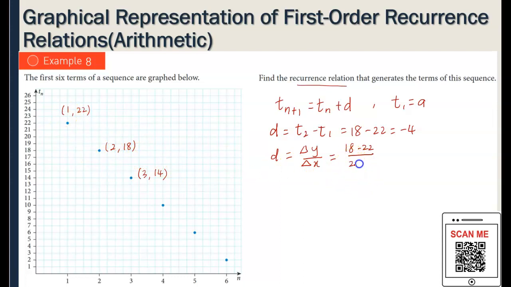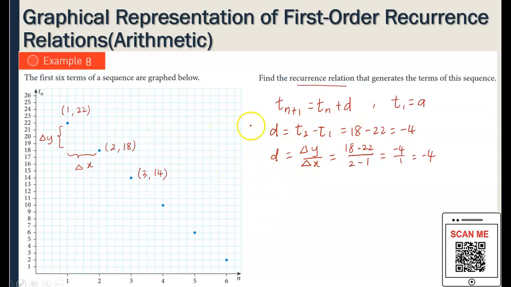I believe you have all learned this approach before. This is the difference in y over the difference in x, to get the gradient. In this case, I get negative 4 over 1. Same thing again, so it's up to you whichever approach you like to find the common difference. Personally, I prefer this.